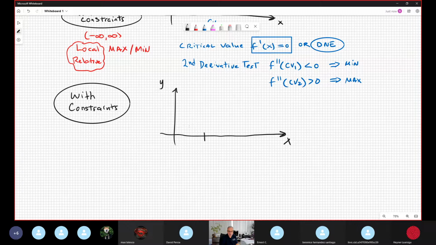Suppose I select one interval, a to b. Let me highlight. Include both endpoints, guys. Include both endpoints. And suppose my function, the piece of the function inside this interval, looks like that. This is just an example to illustrate the idea.